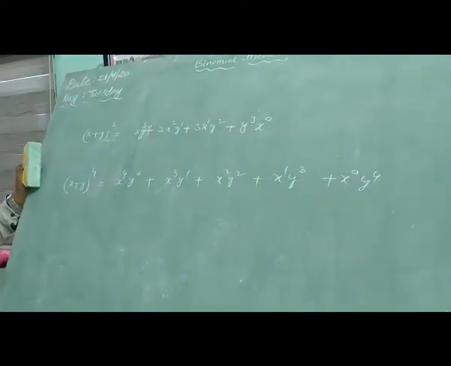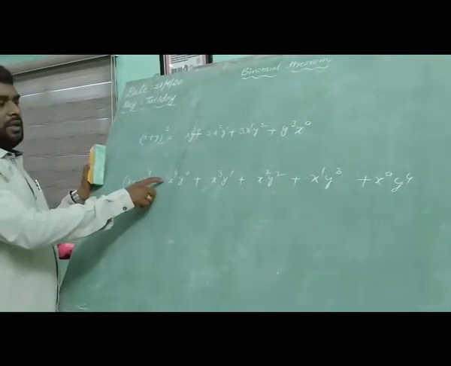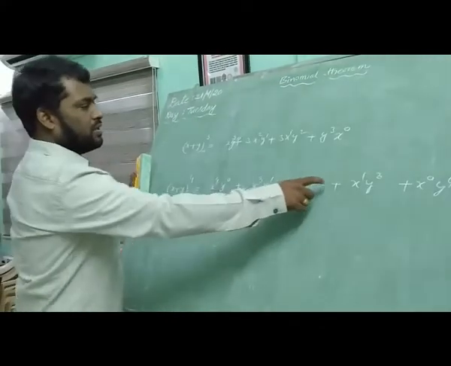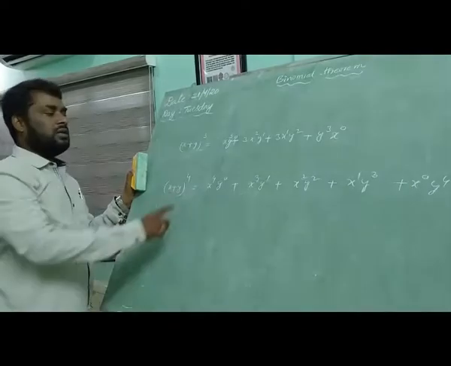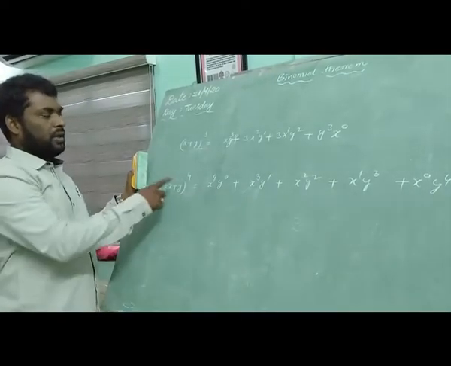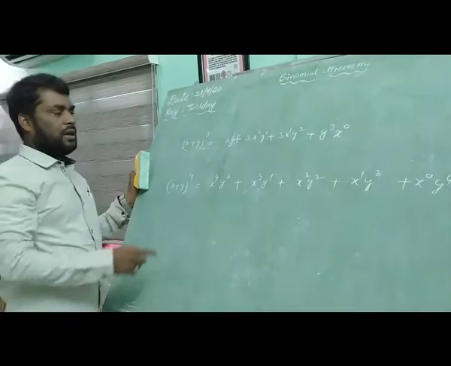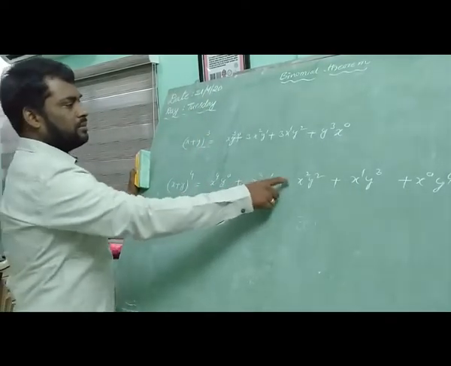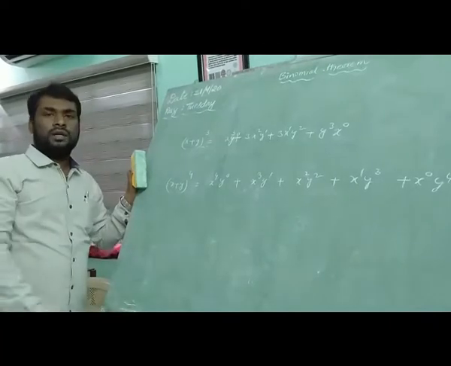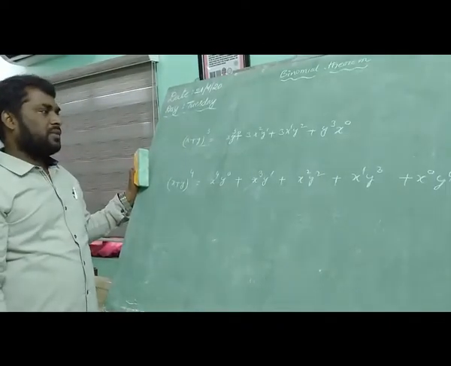And we face a small problem, that is how to write coefficients of the terms of the binomial expansion. That is the major problem you face while writing binomial expansions. So binomial theorem gives the answer of how to write coefficients of the terms in a binomial expansion.